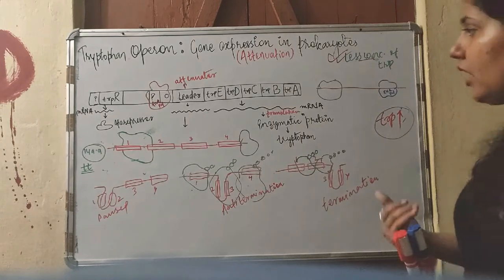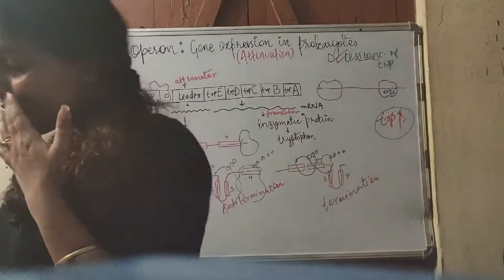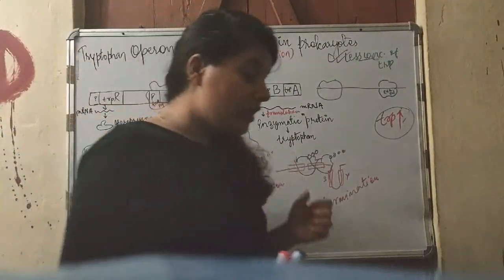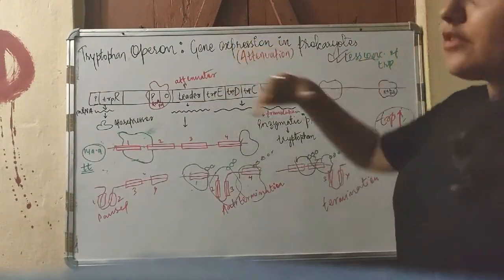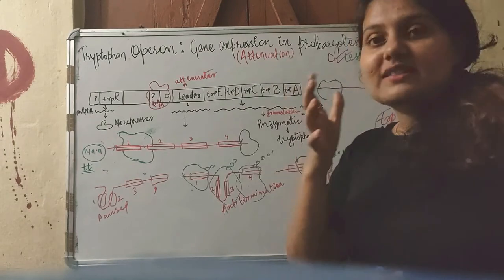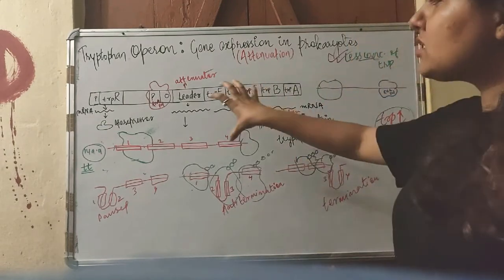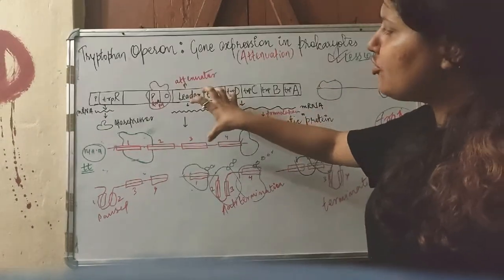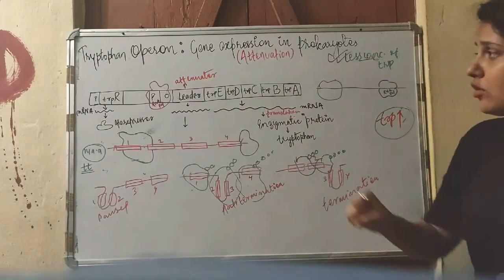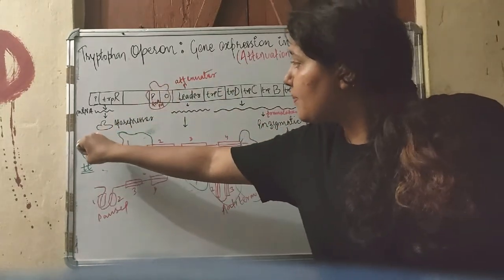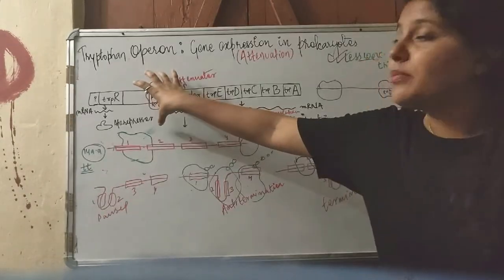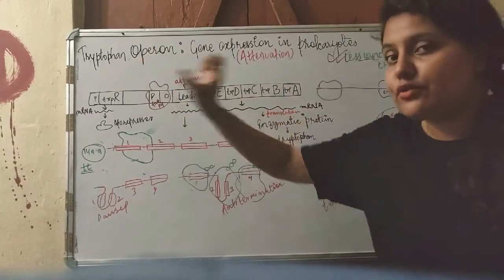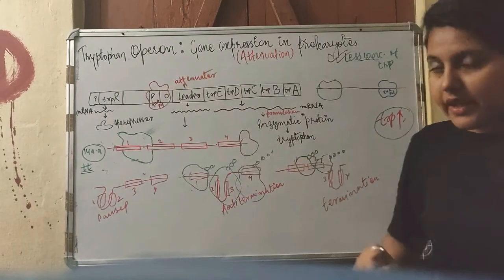Now, telling the differences between the two types of regulation: in the first type of regulation, the process is halted at the initial level of transcription, because if the repressor binds to the operator, the RNA polymerase will not be able to bind to the operator, right?